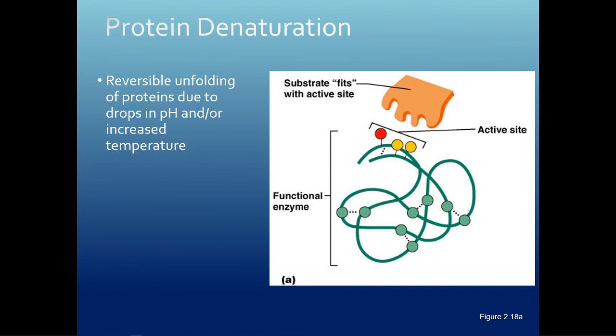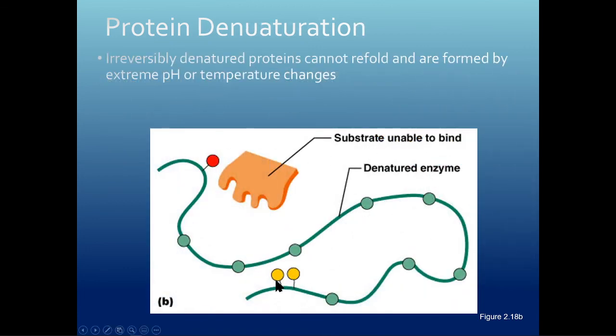Here we can look at a functional enzyme, and here's the thing that it's working on. So it needs to be in this shape for these three things to fit into it. If it changes its shape and starts to unravel for some reason, now it won't fit into this structure. We say that the protein has become denatured.